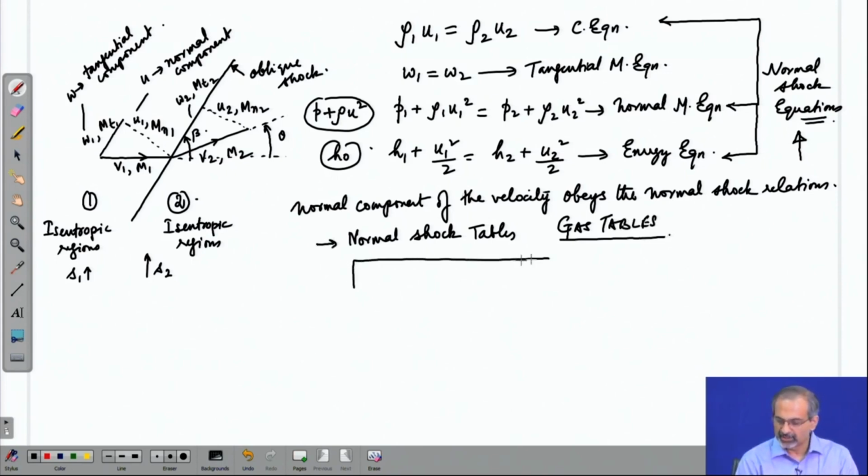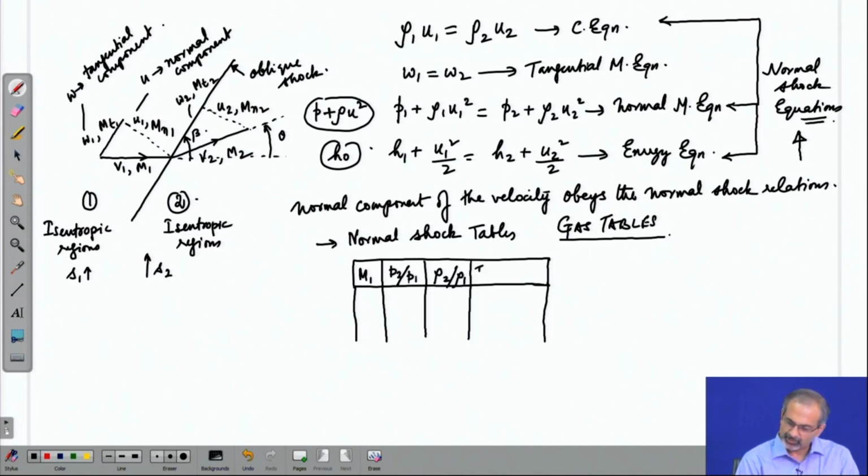So, what do you have in those tables? You will see that the tables contain entries like this: the first column may be M1, that means the upstream Mach number, second column P2 by P1, that is the pressure ratio, then comes the density ratio. So, these are all tabulated. If you look at a specific value of M1, let us say Mach 2, then all these values will be directly available from the tables.